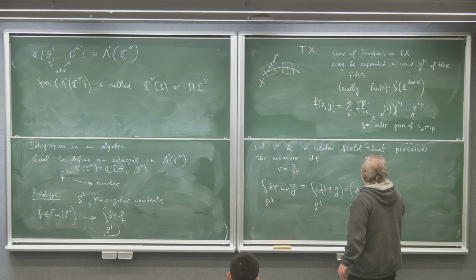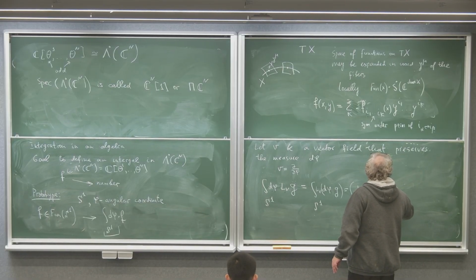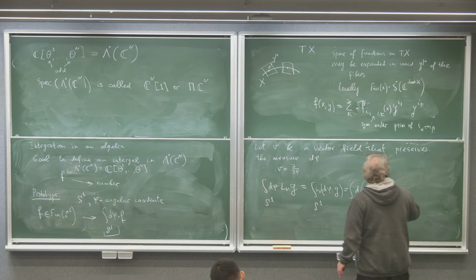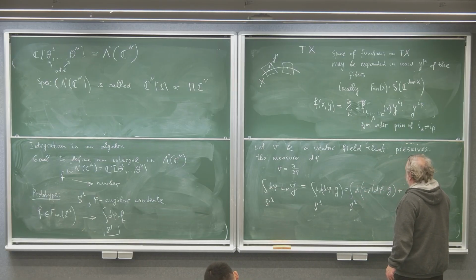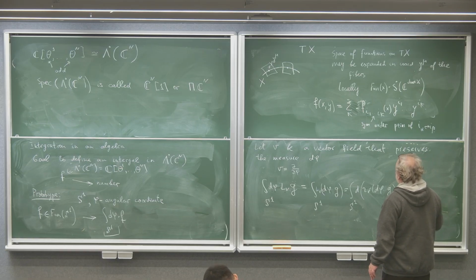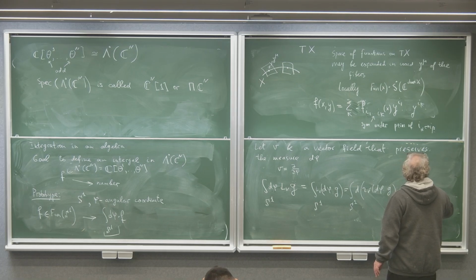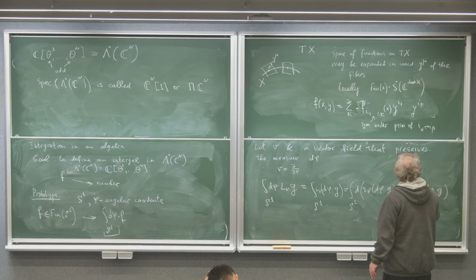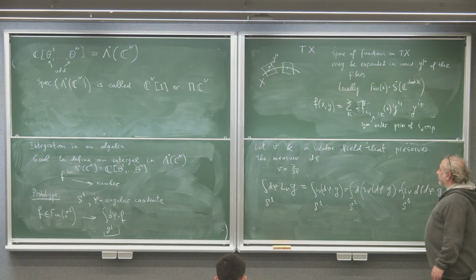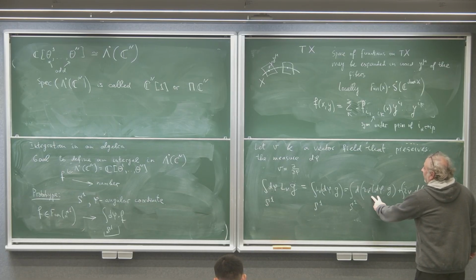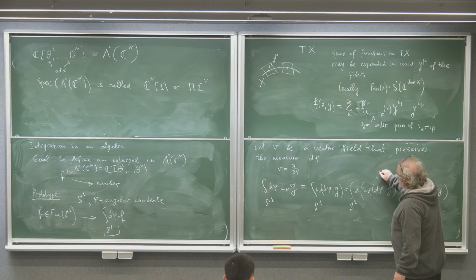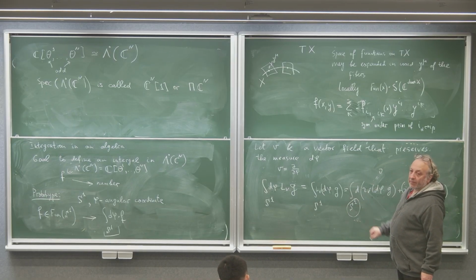V iota V phi G plus iota V V. So now this term is 0 because S1 has no boundary.